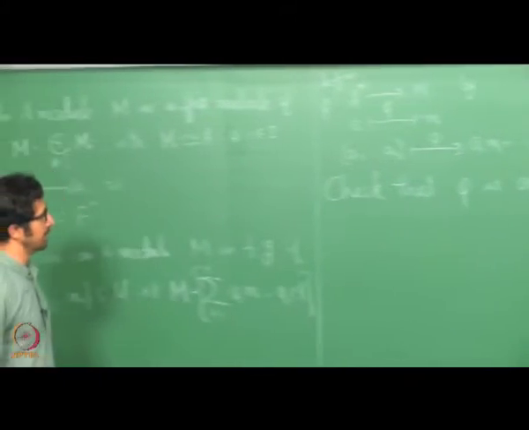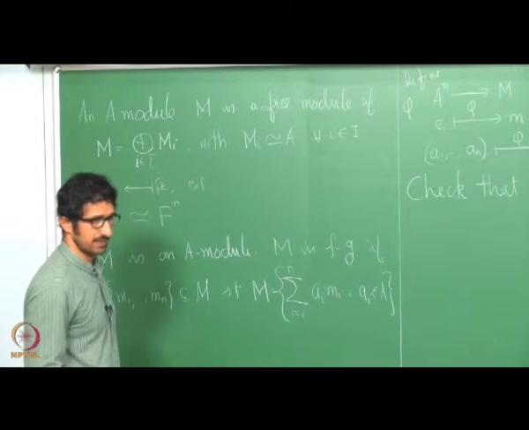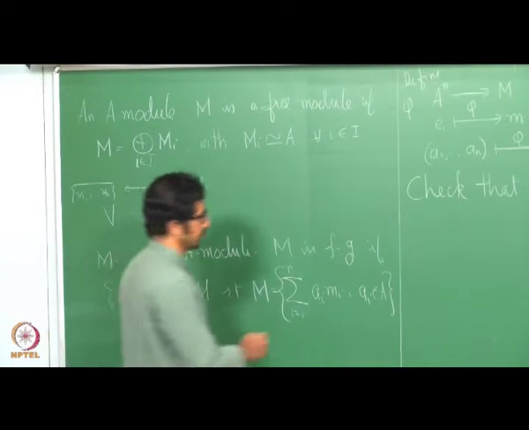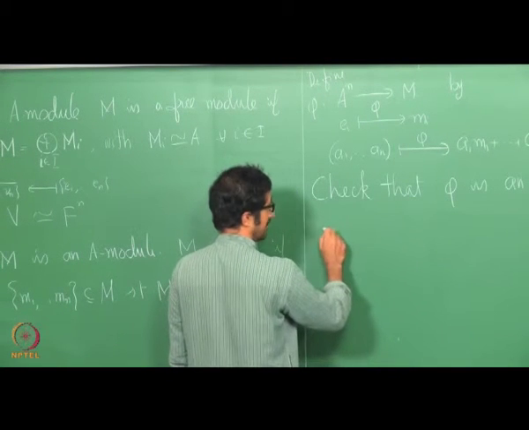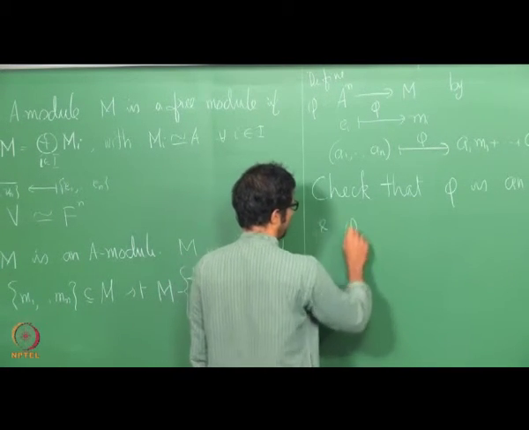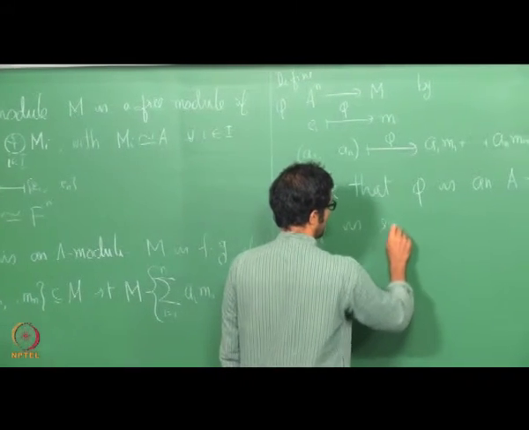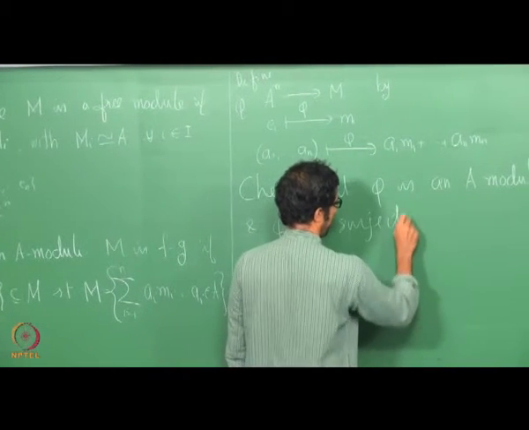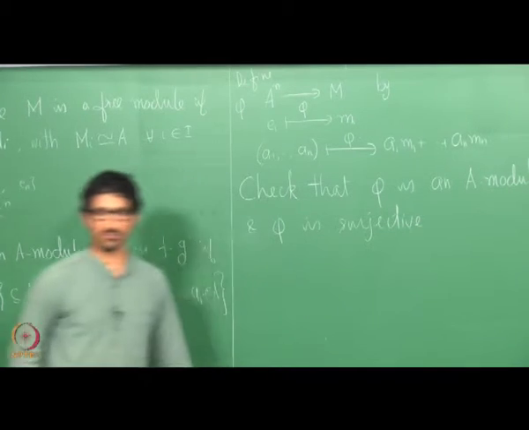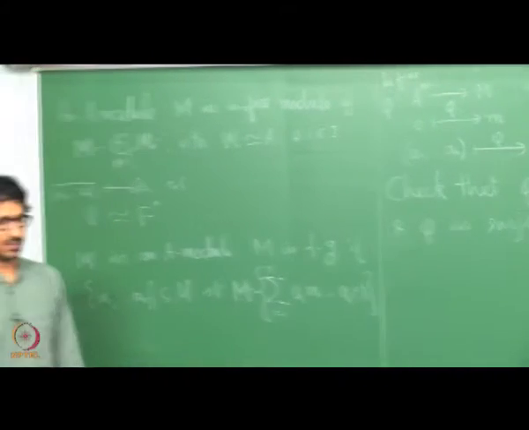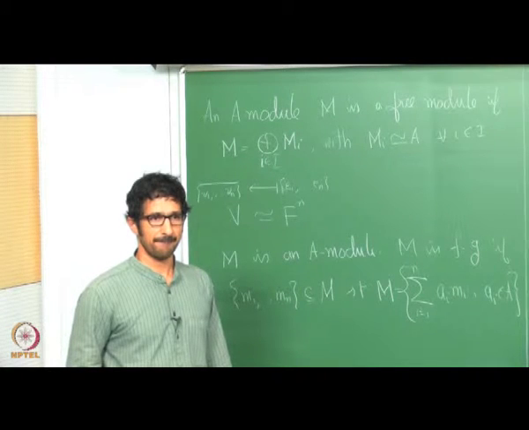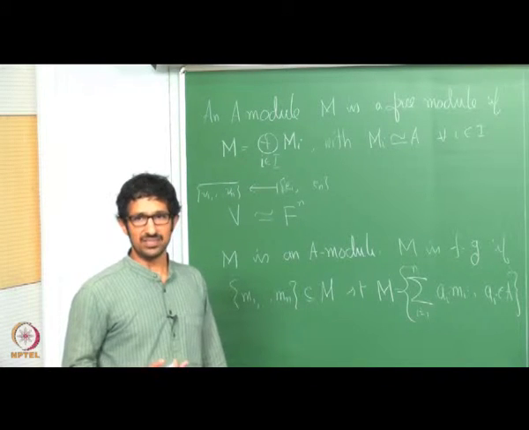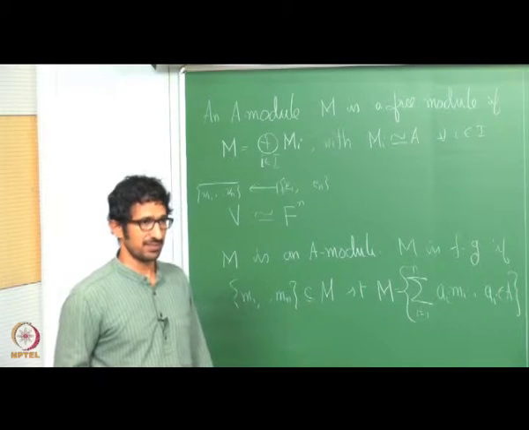What more can we say about this homomorphism? This is onto, and phi is surjective. Is this injective? Need not necessarily be injective, right?